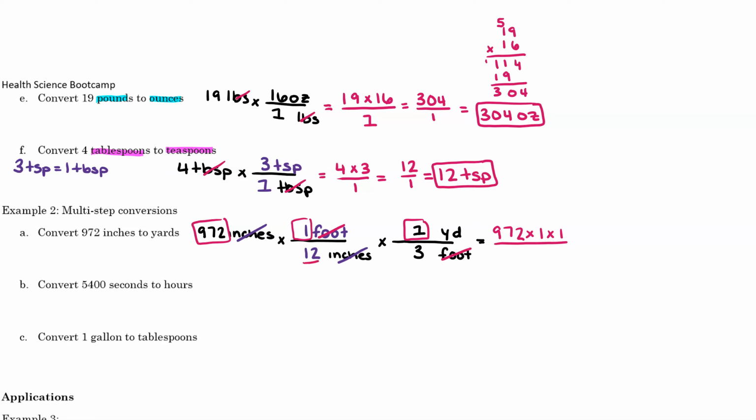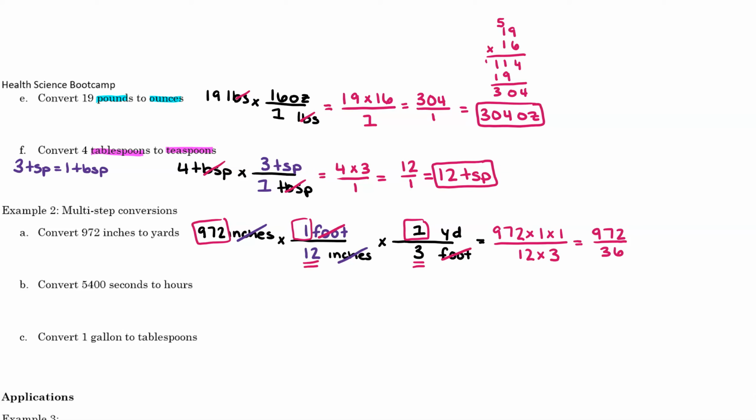And on bottom, I have 12 times 3. So we have 972 over 36. And that's going to be yards, but first we need to simplify that.